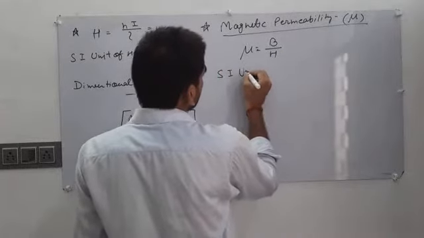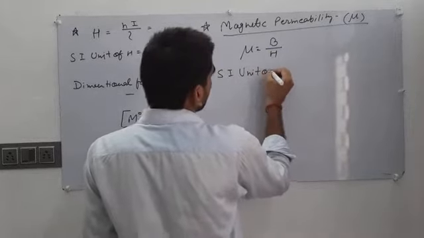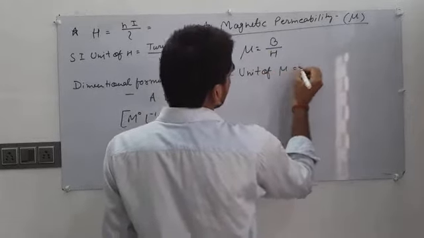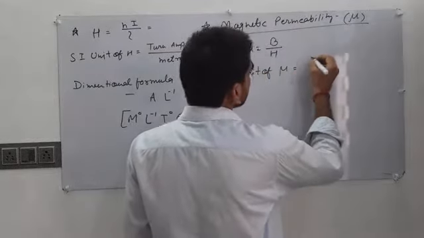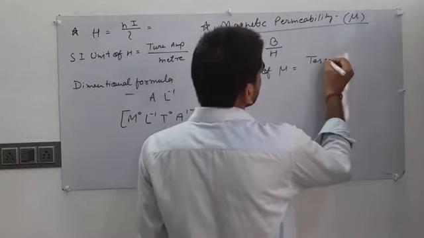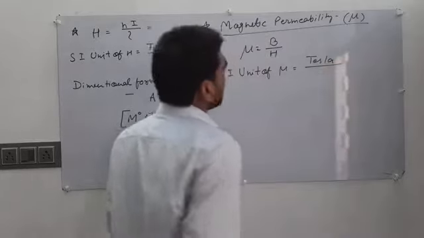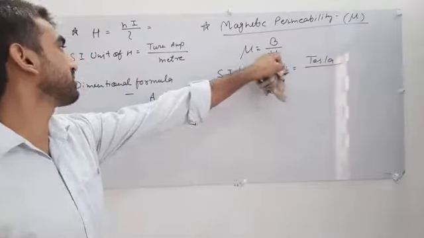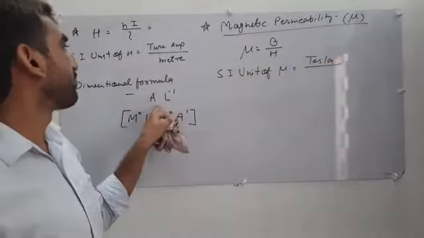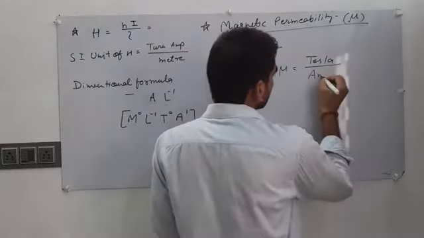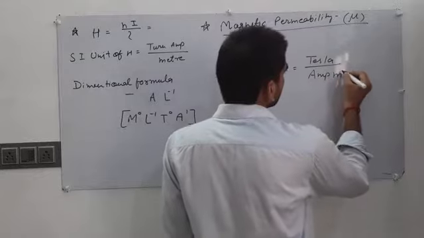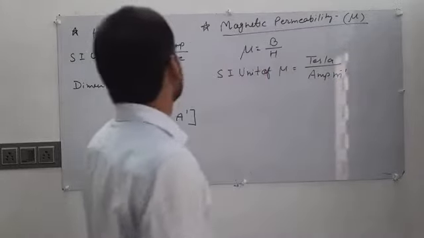SI unit of mu equals the unit of B, which is Tesla, upon the unit of H, that means ampere per meter.